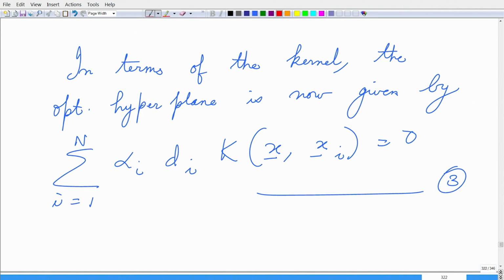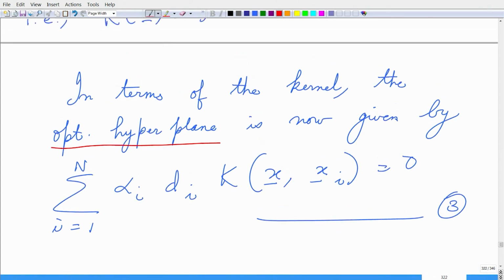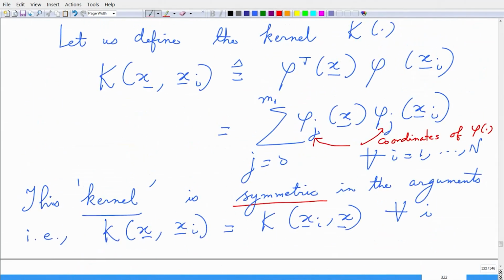So, in terms of the kernel, the optimum hyperplane is now given by summation i equals 1 to n alpha i di times this kernel k of x comma xi is equal to 0, and I call this equation 3. This is straightforward, and how am I getting this?